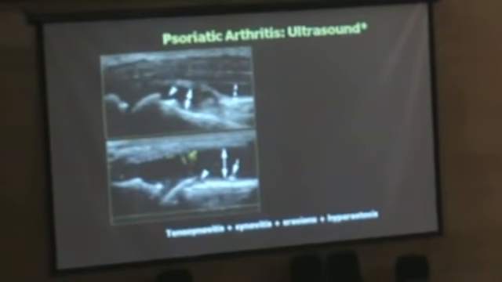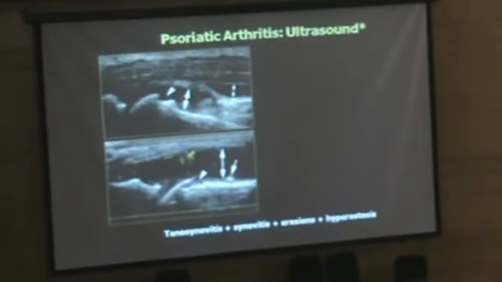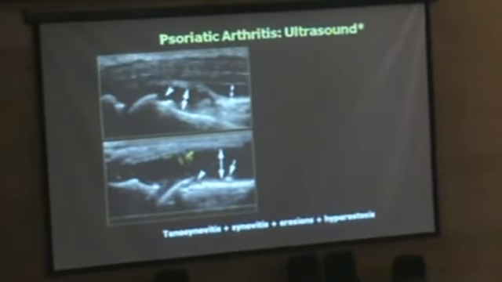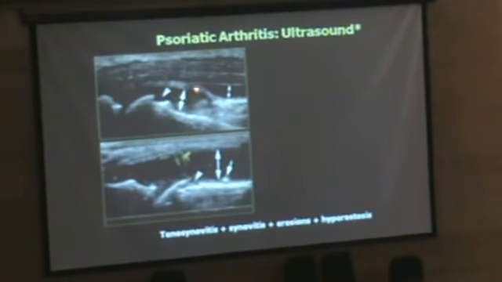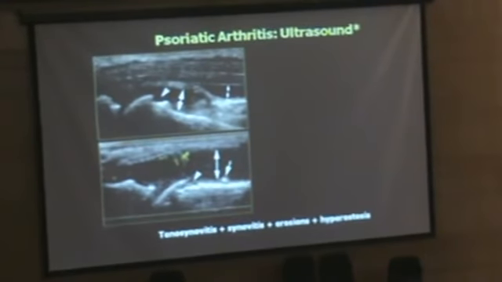Ultrasound may be useful to diagnose some subjects. So here is an example where we can see lots of features. We have tenosynovitis with fluid within the tendon sheath. Here you can see synovitis with joint fluid as well. You can see some erosions, marginal erosions, as well as hyperostotic changes.